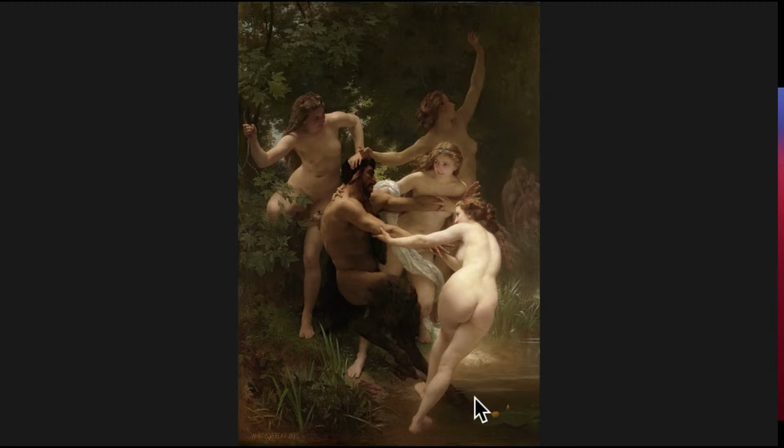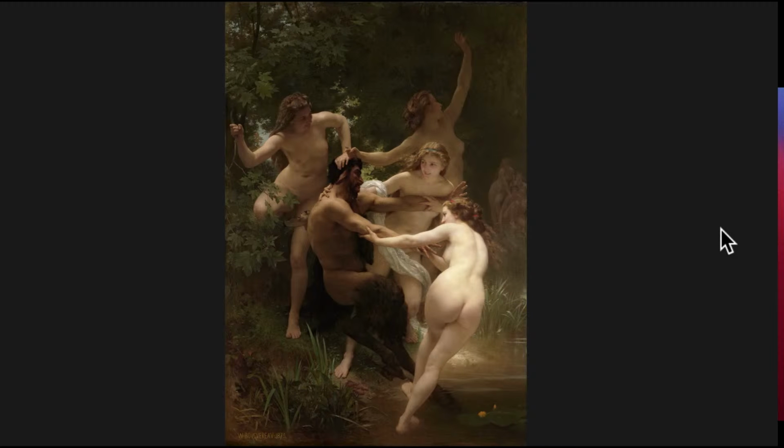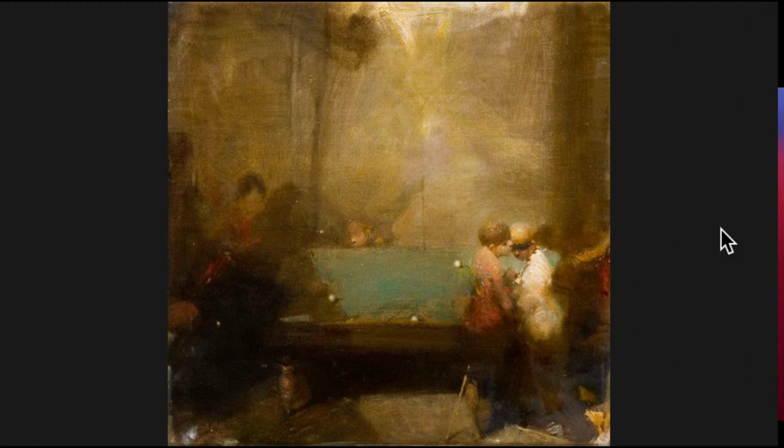All right? But again, let's look at the energy in this. Boom. The forces and counter forces. Now can you find the energy and the tension in this one?